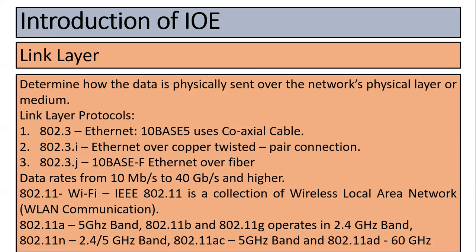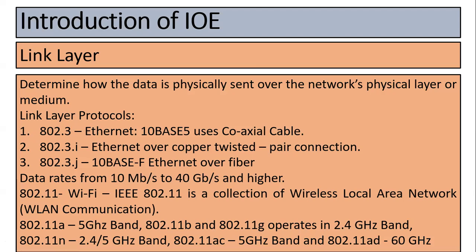The next is 802.3i, that is Ethernet over copper twisted pair cable. After coaxial cable, twisted pair cable was used, so over that we were using 802.3i. Then after that 802.3j, which is Ethernet over fiber. Now optical fiber communication is being used.